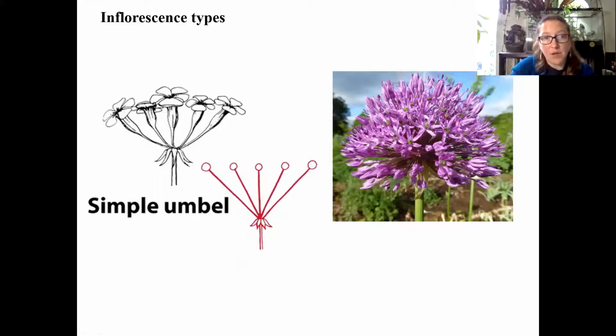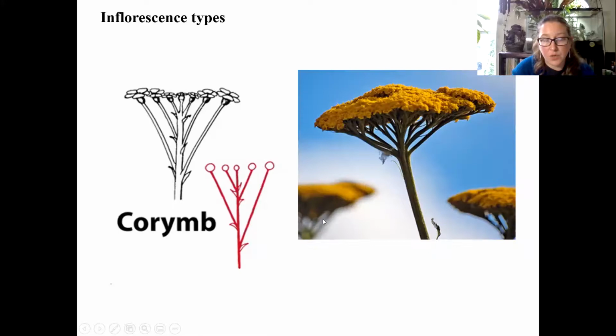Next is a simple umbel. Umbel is similar to a corymb. I got a question in the box. Looks like broccoli. Yeah. It does. It's not though.